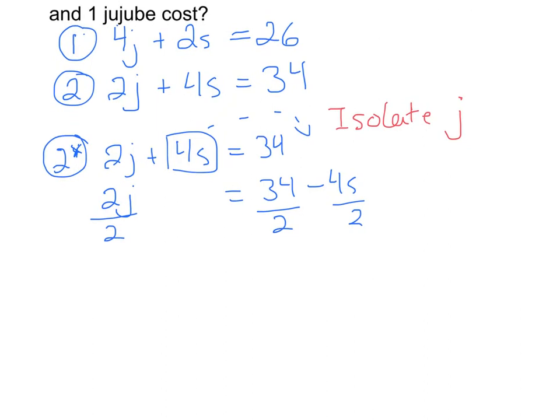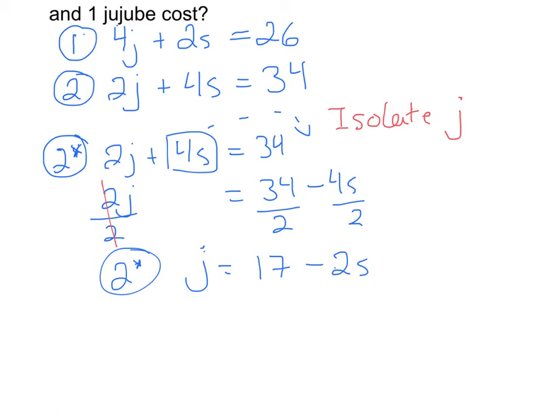The 2's get eliminated, and I have j equal to 34 over 2, which is 17, minus 4s over 2, which gives me 2s. So this is my new 2 star equation. It's just like 2, but I've changed it and isolated for j.